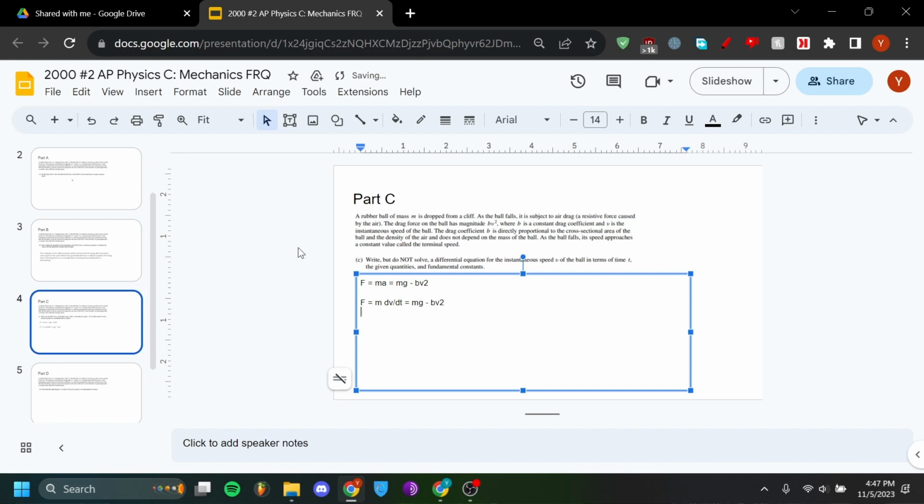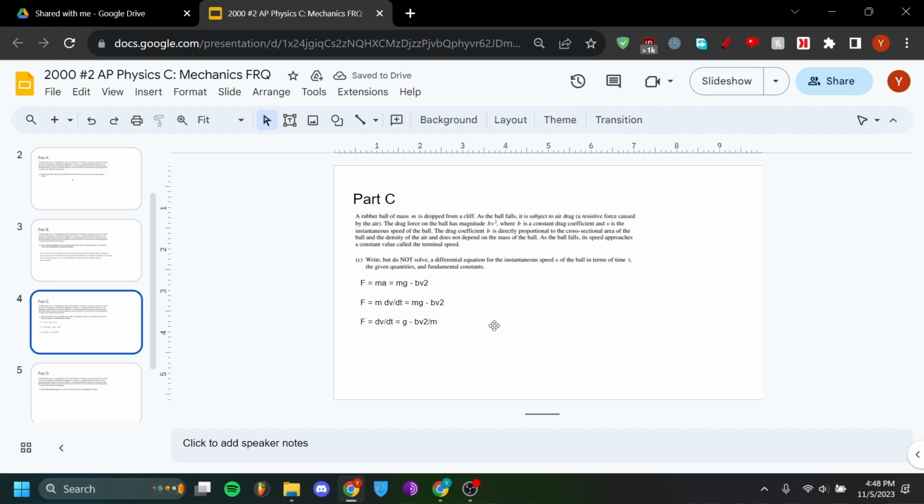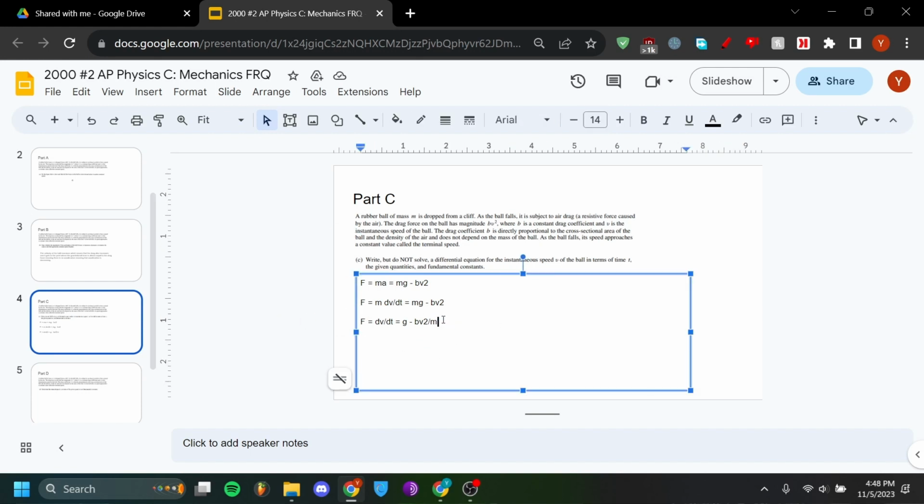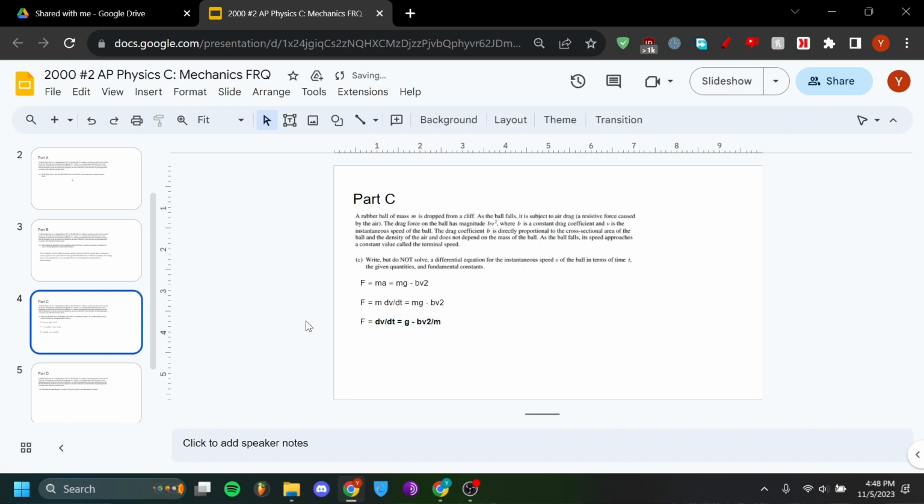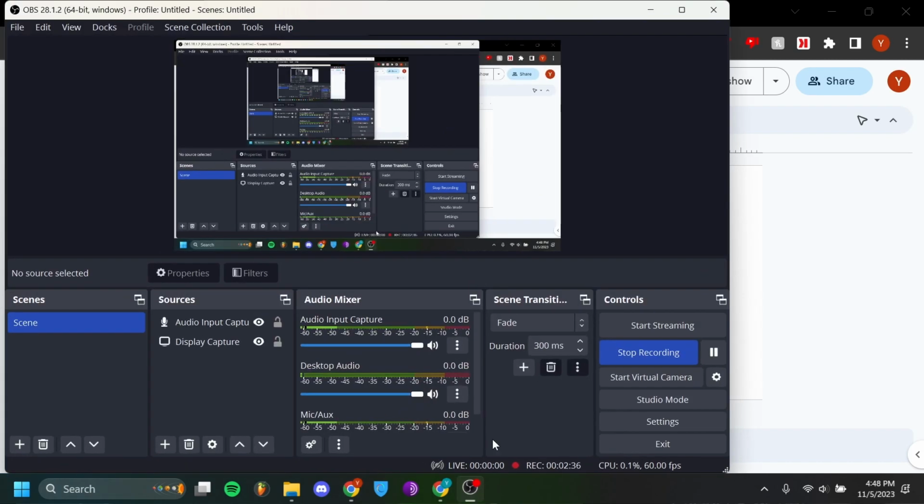After this, we have a differential equation that we can solve by dividing m on both sides, so dv over dt equals g minus bv squared over m. Basically, that's what the differential equation looks like. This right here is the differential equation. There we go, part C done.